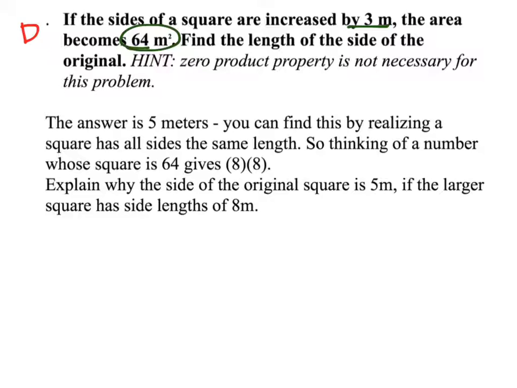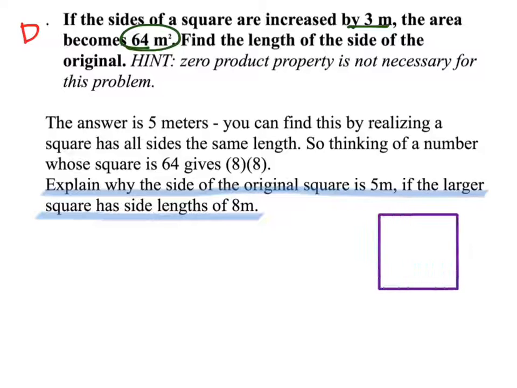This is what I'd like you to do for this problem. So rather than having you solve the problem, I want you to explain how that works. And again, I've got this square whose side length is the same for all of its sides.